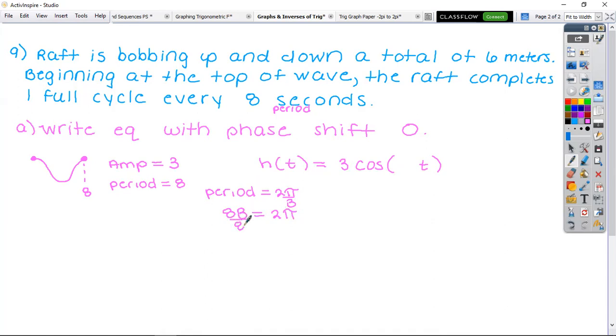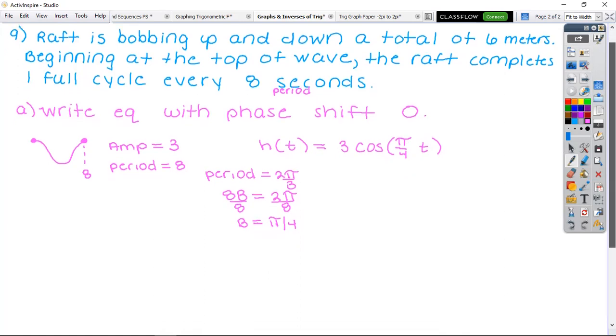Divide by 8, divide by 8. So b is equal to pi over 4. And now what is pi over 4 in radians? Yep, so just be aware of that.